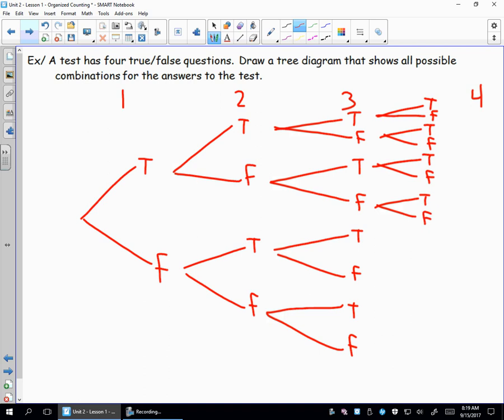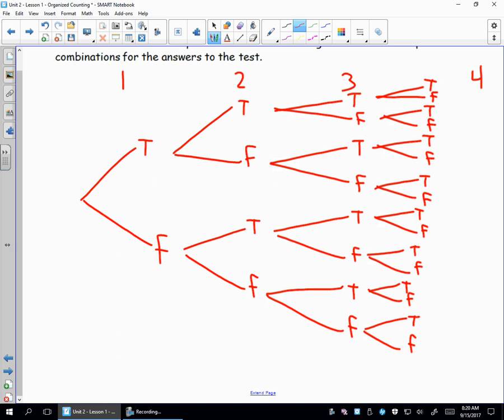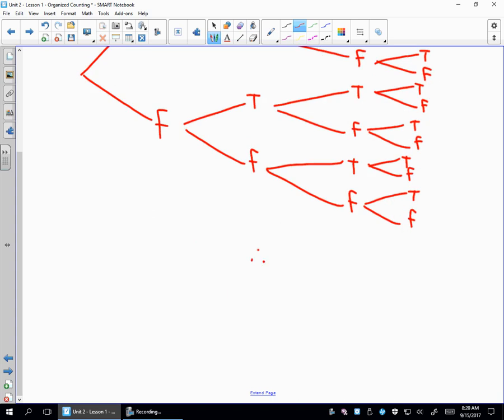And the more stages you have, and the more choices each stage has, the bigger your tree diagram is going to be, and the messier it's going to get. How many different possible combinations are there? If we go through and count, we've got 2, 4, 6, 8, 10, 12, 14, 16. There are 16 different possible combinations of answers to this test. Again, we're counting the leaves at the end.